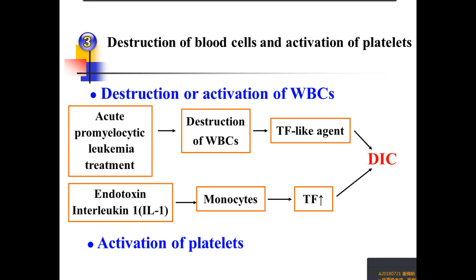So we know that destruction of blood cells may release ADP. Red blood cells break and release ADP. White blood cells may release tissue factor, so they stimulate the intrinsic coagulation pathway and lead to platelet aggregation, leading to increased coagulation function.